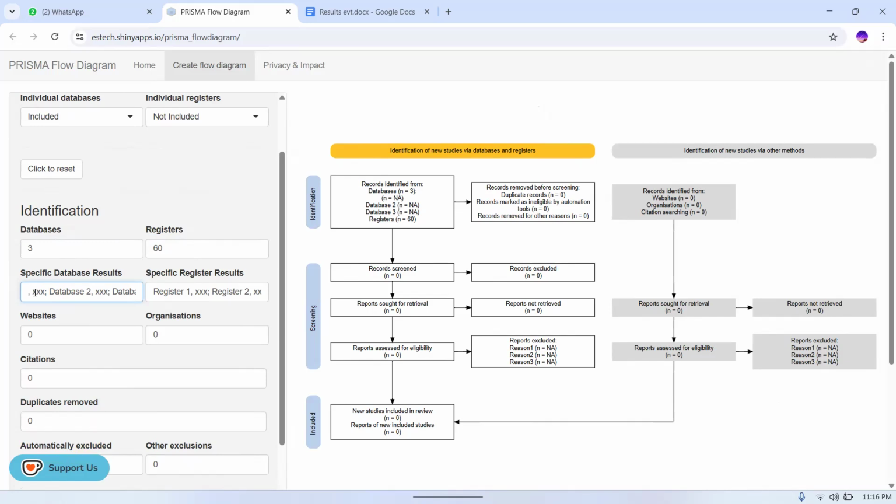So I just deleted the database one, and instead of it, I'll be writing PubMed. Okay, so PubMed. Now this XX means how many articles you imported from Rayyan. Okay, so this 10. These are just the hypothetical numbers I'll be writing now. My next database is, let's say, Embase.